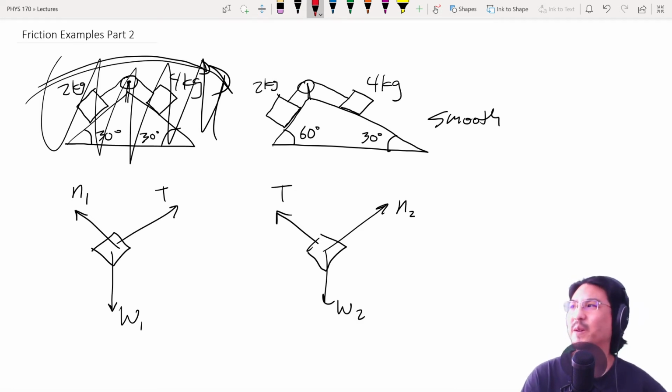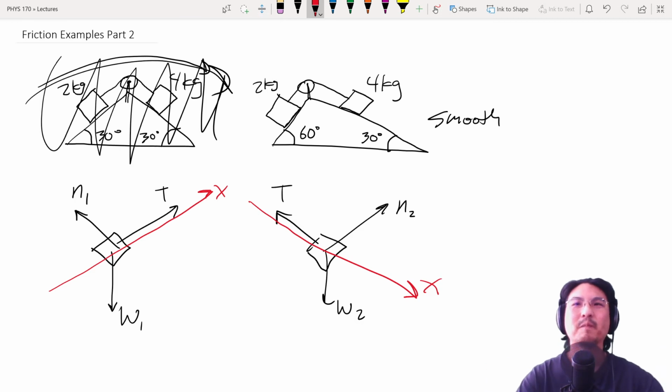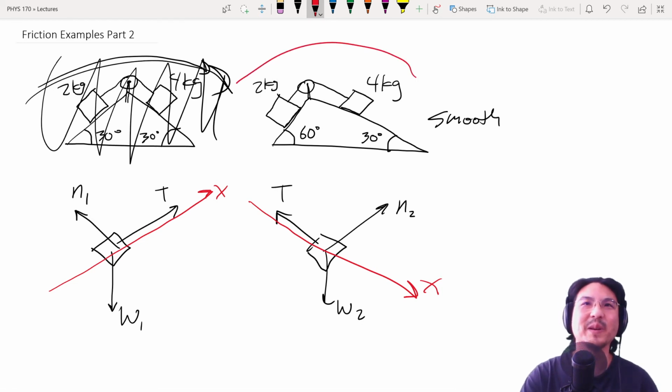Now let's pick coordinates. I'm not sure which way they're going to slide, so I'm just going to guess. I think they're going to slide this way. I'm purposely picking my axes so that they're either both sliding in the positive x direction, or I guessed backwards and they're both sliding in the negative x direction.